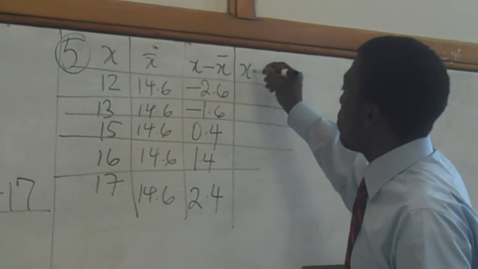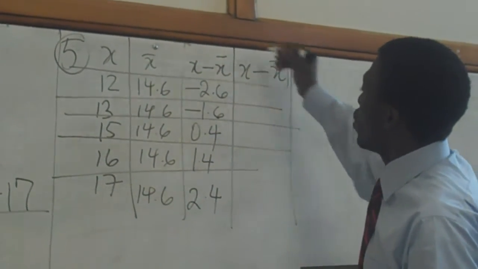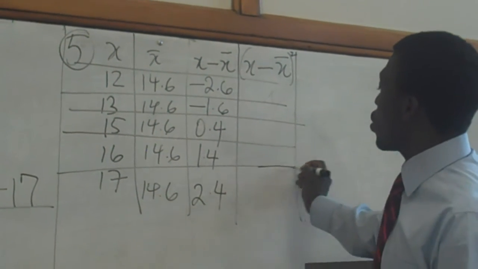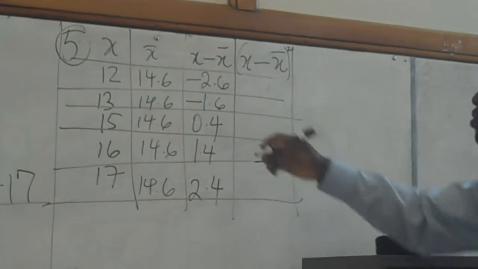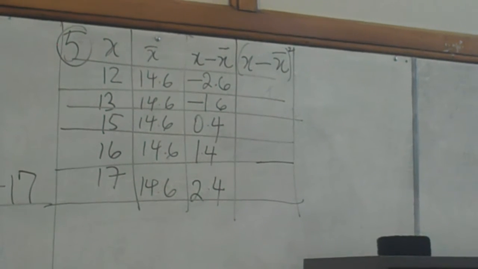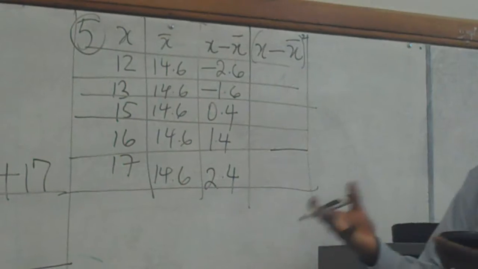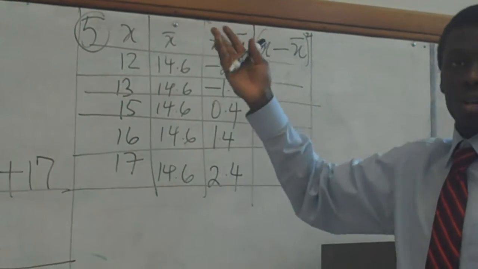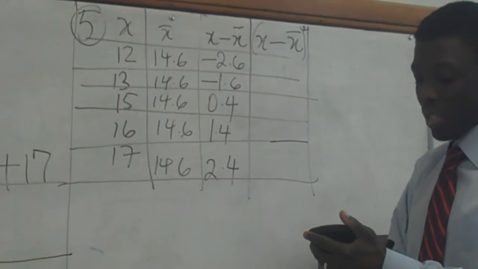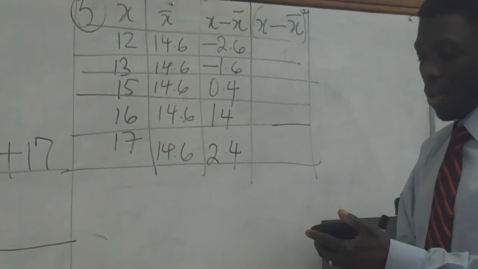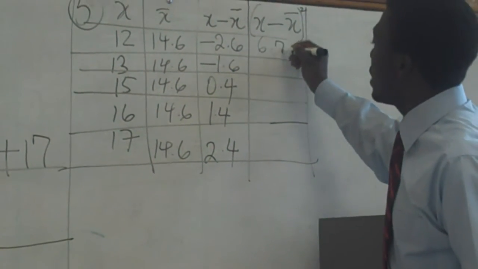The next thing you would have in this table is x minus x bar, squared. So we're going to square each of these terms. We start with negative 2.6. The reason I just say 2.6 times 2.6 is because a negative number times a negative number is positive. So negative 2.6 squared gives us 6.76.